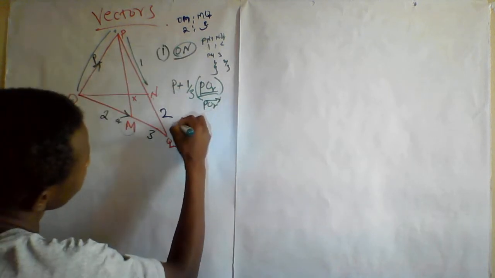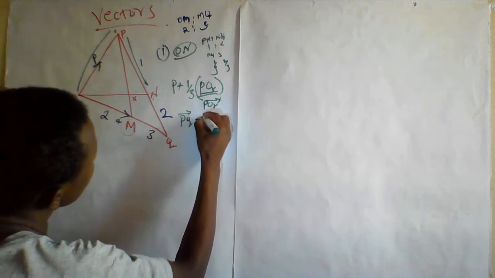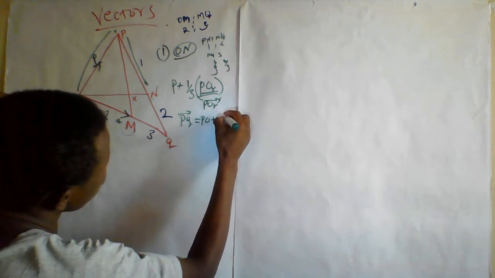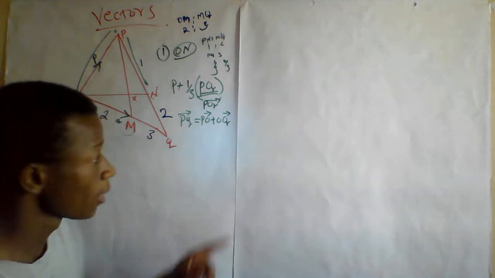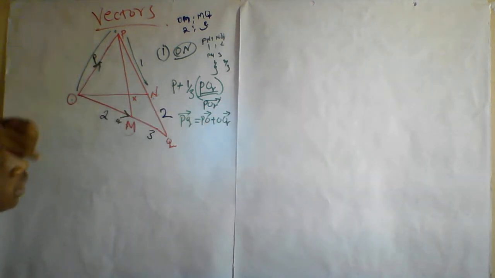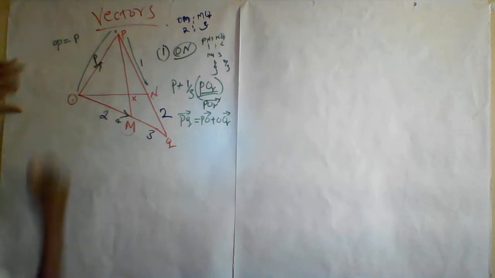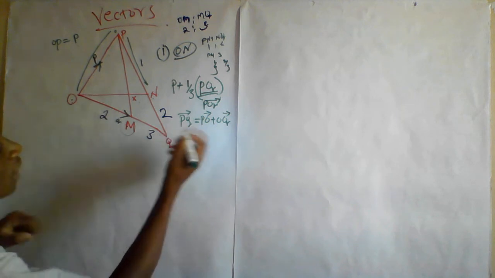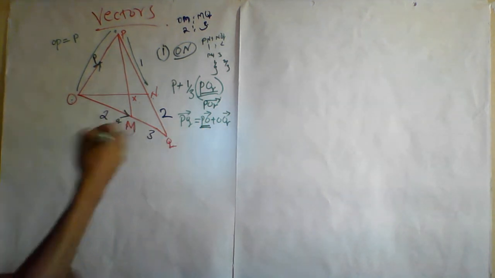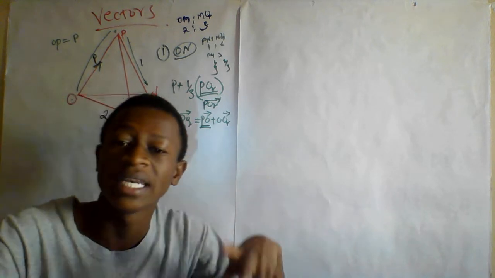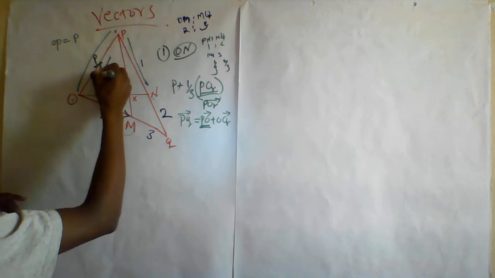So let's write here, PQ is equal to PO plus OQ. You see what I'm saying? PO, remember, we were told that OP is P. But now here we are looking at PO, so it means the negative of it, because we have got the opposite direction.